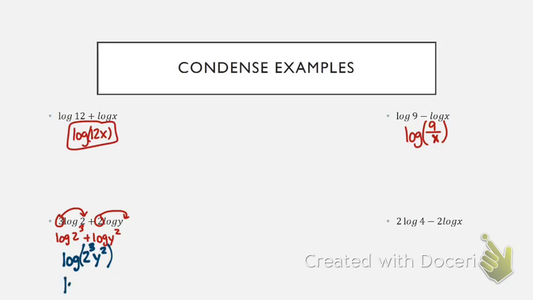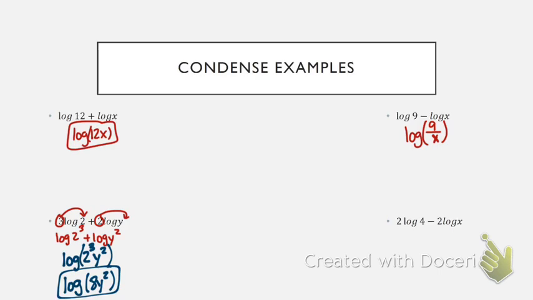The last thing is 2 cubed, we know, is 8. So instead of 2 cubed, I can write 8. Hopefully you see that. So 2 cubed is 8. So 3 log 2 plus 2 log y condensed is log 8 y squared.